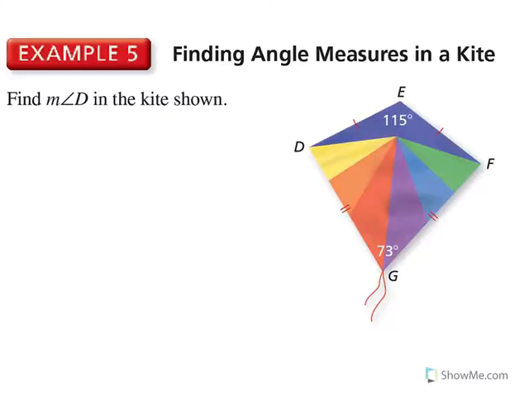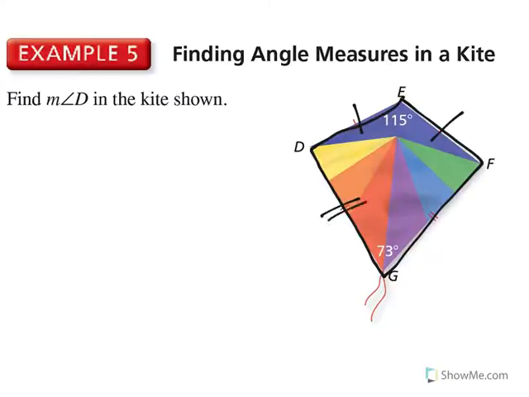So if we look at this example, we have a kite and it wants us to find the angle measures. Well, we're given two angle measures. And so if I'm looking at this kite, I'm going to outline it here so we can see it a little better. I have one tick mark here, one tick mark there. I have two here and two here. So I have these consecutive congruent sides, and I have these consecutive congruent sides.